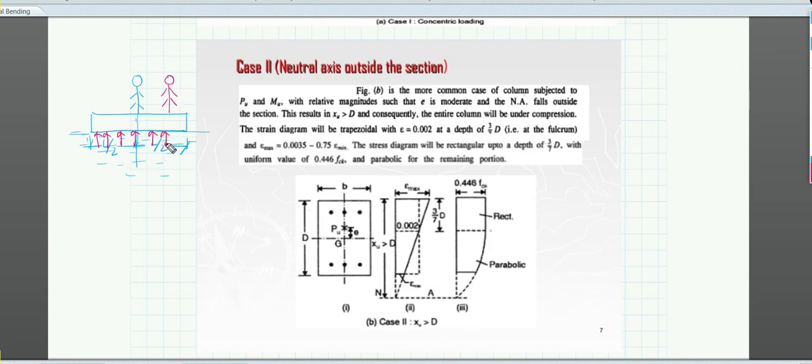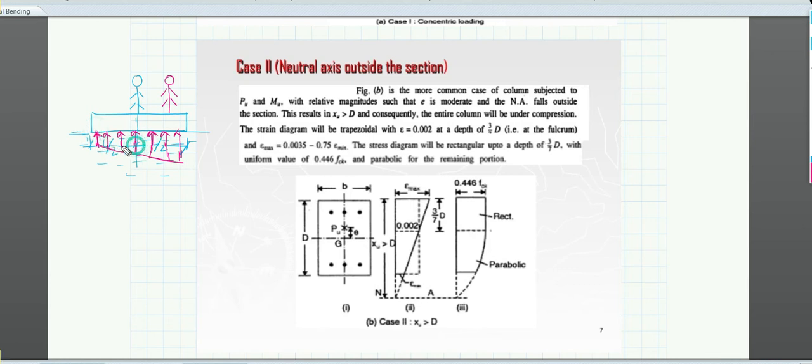If you are here, your reaction will be more, and here it will be less. So it will be somewhat like this, a trapezium, because you are here. If the load is over here, the reaction will be maximum on this side, with maximum reaction just below the load. So the maximum reaction is over here and the minimum reaction is over here.